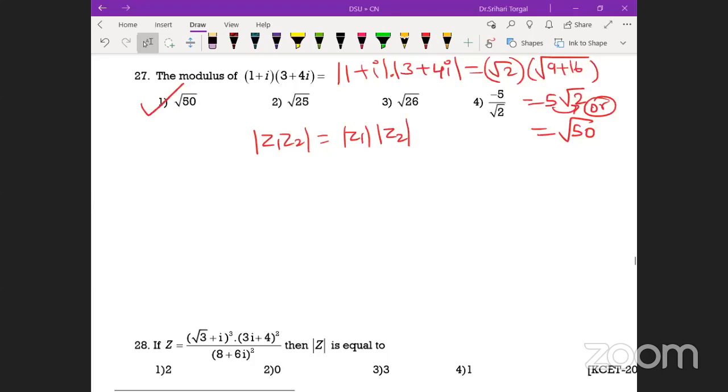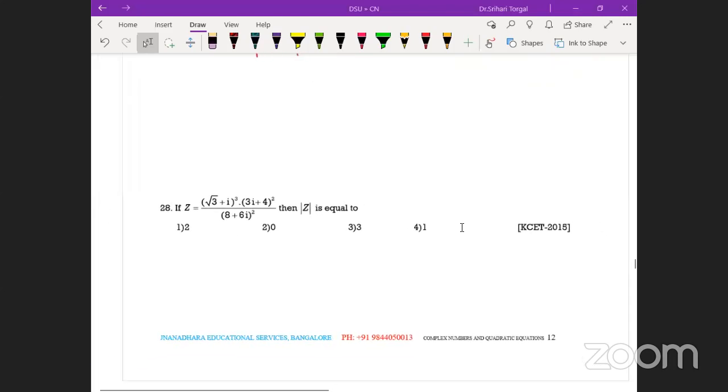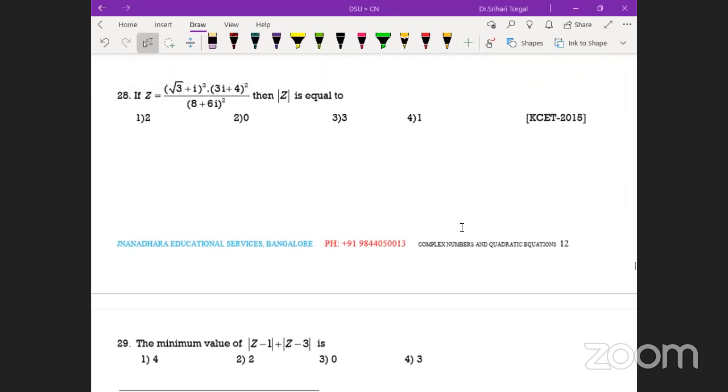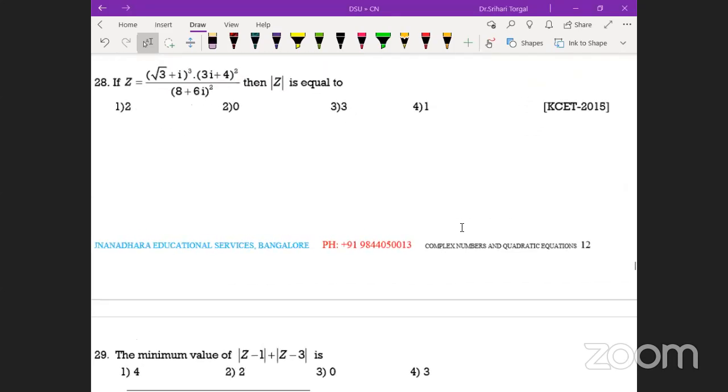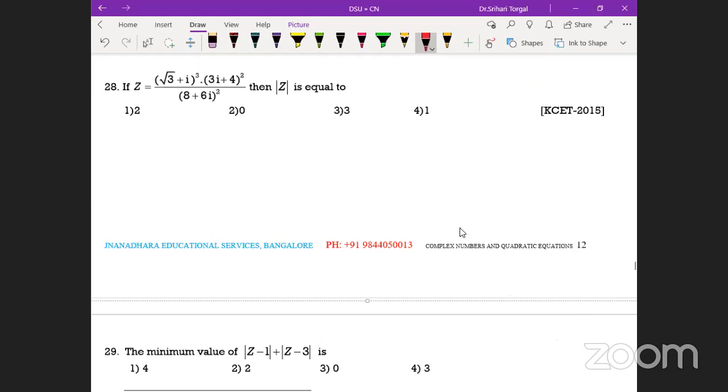Move to the next question. This is asked in Karnataka CET 2015. See here. (Root 3 plus i) whole cube, (3 plus 4i) and this one. Okay. Modulus of z is required.